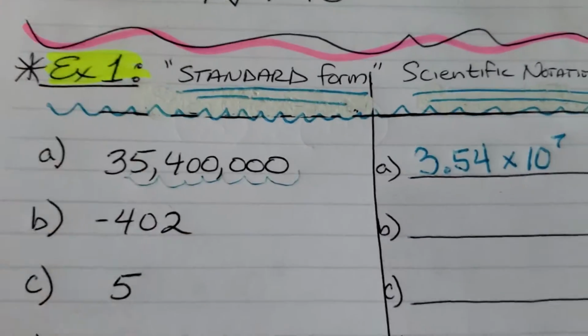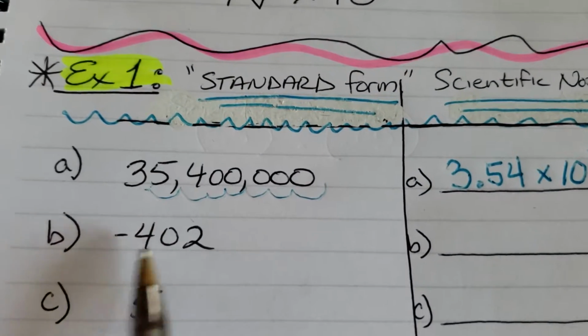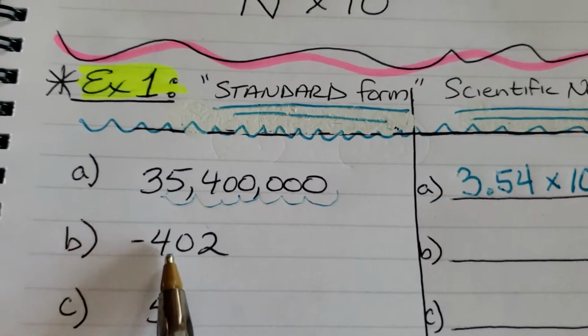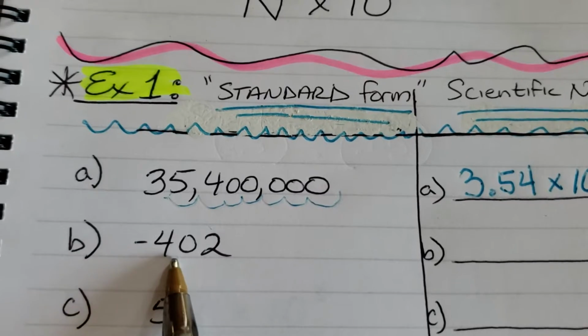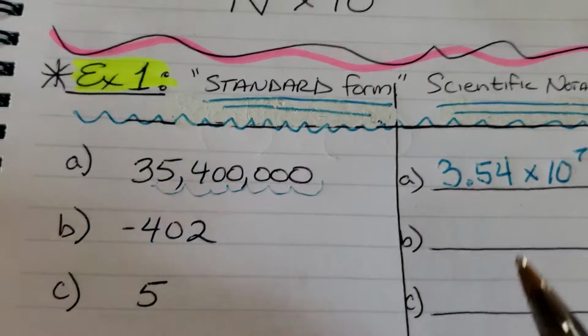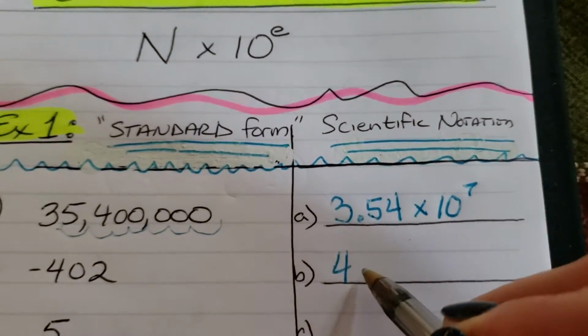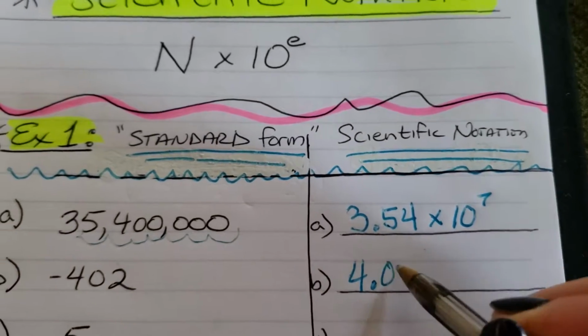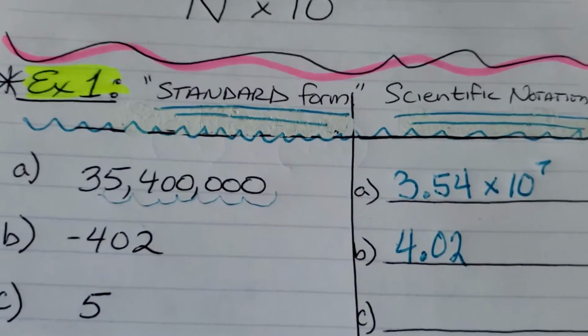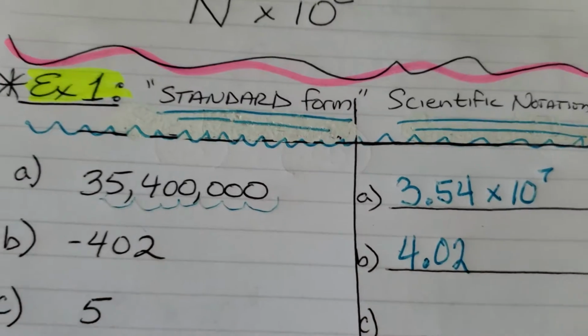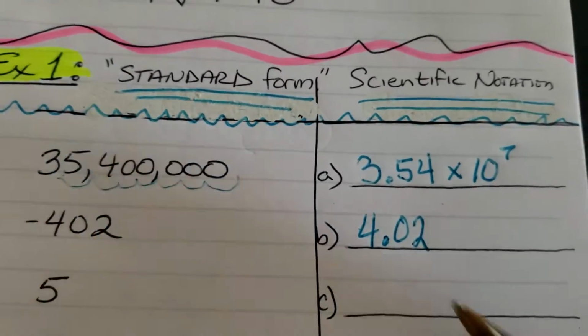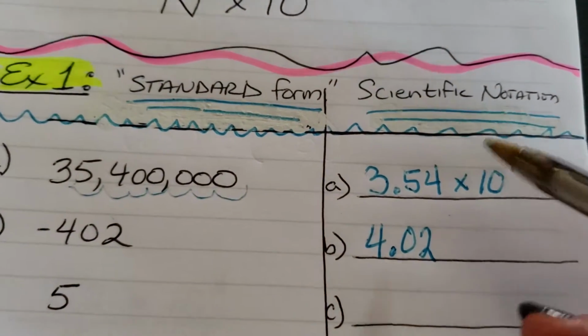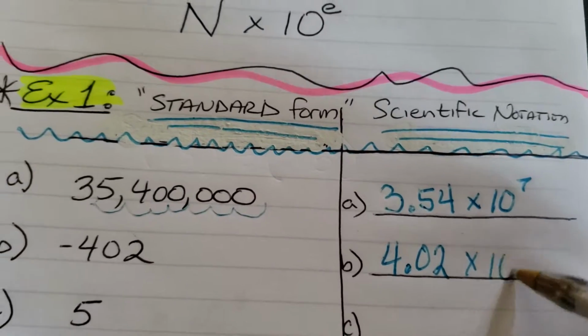All right, let's try the next one. Now don't fret that this is a negative, that's okay. The first digit is 4, so our decimal is going to go between the 4 and the 0. So 4.02, and notice that's where I stopped this time because, honestly, that's where our number stops, right? Then I'm going to put in my times 10.